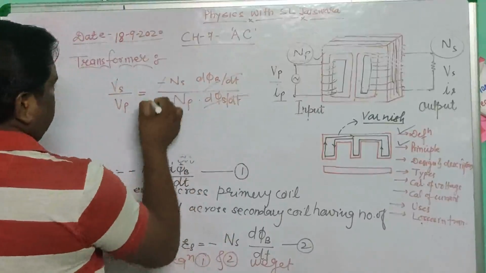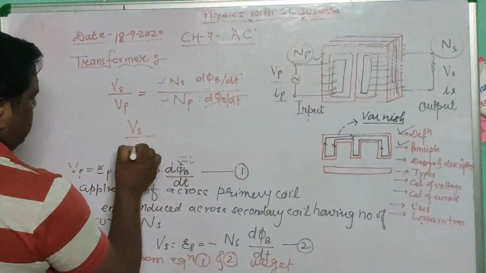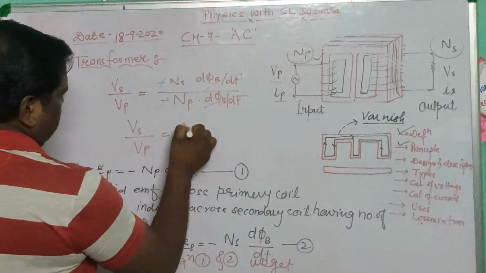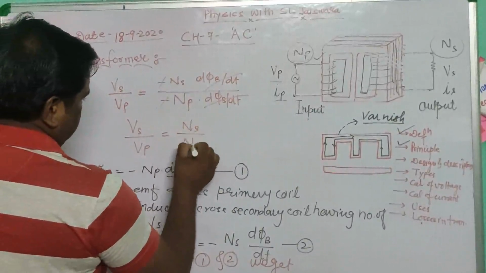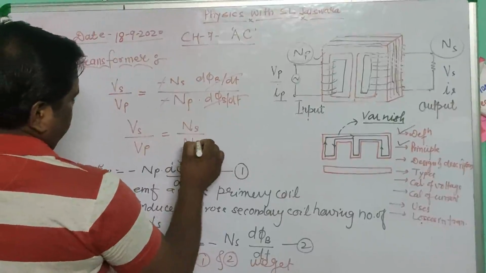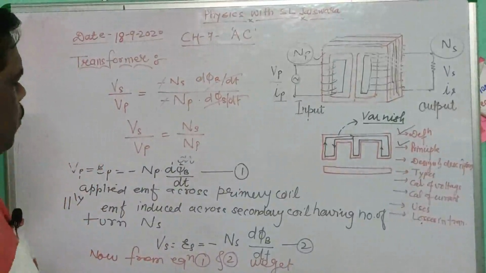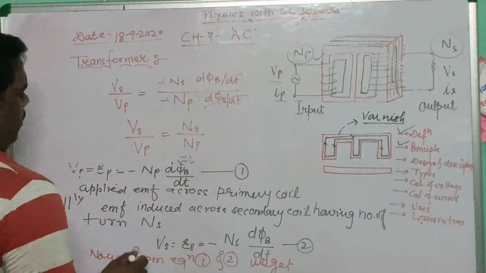So this cancels with this. Finally we will get Ns upon Np is equal to Vs upon Vp.